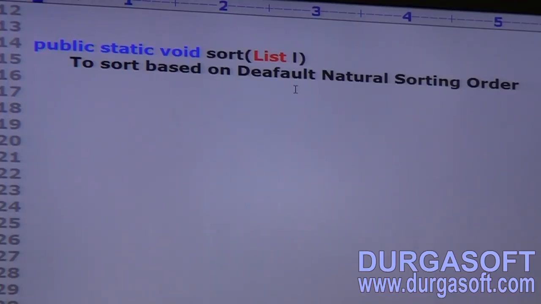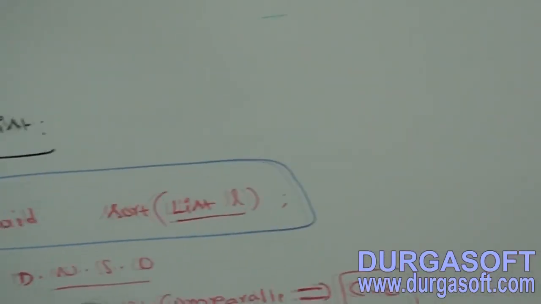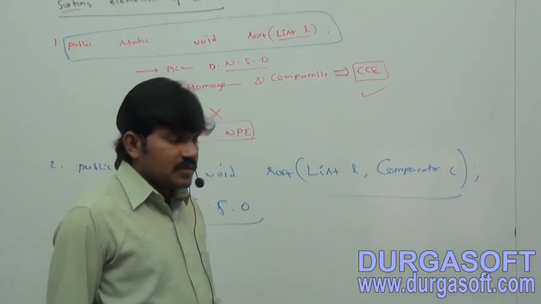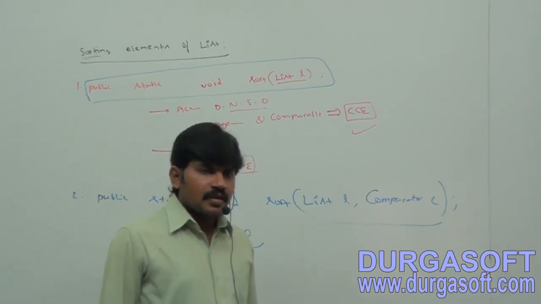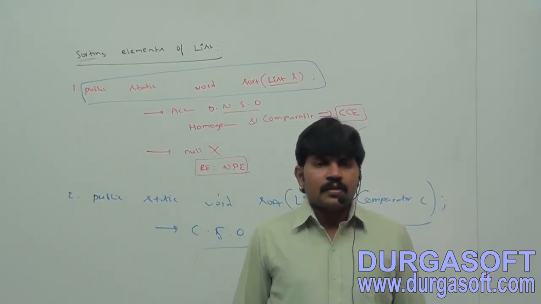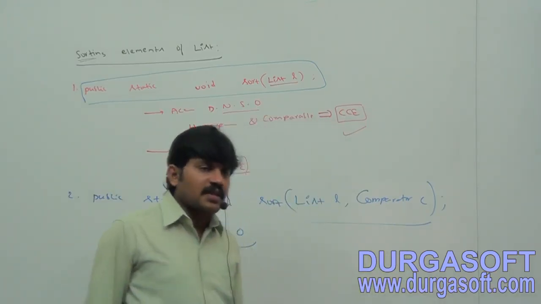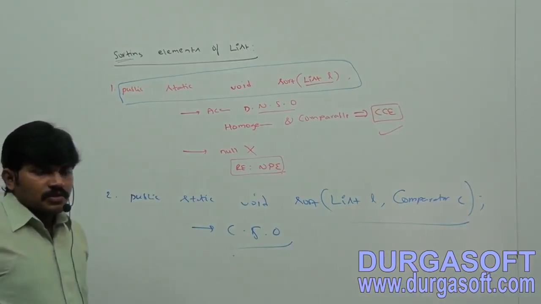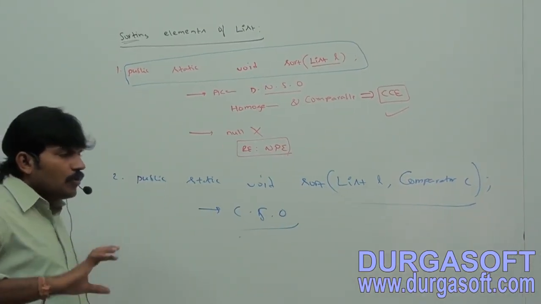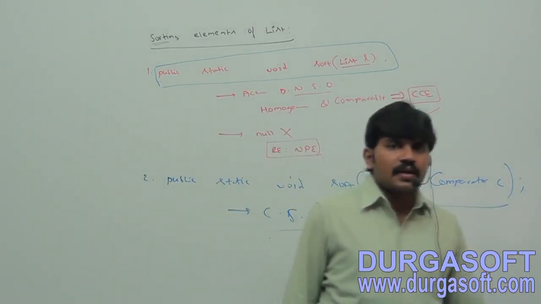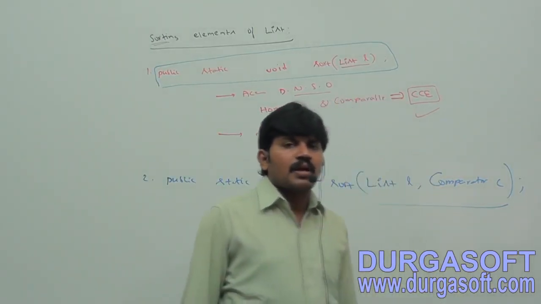But here I covered two rules. Have you remembered? In this case, the list should compulsorily contain homogeneous and comparable objects.